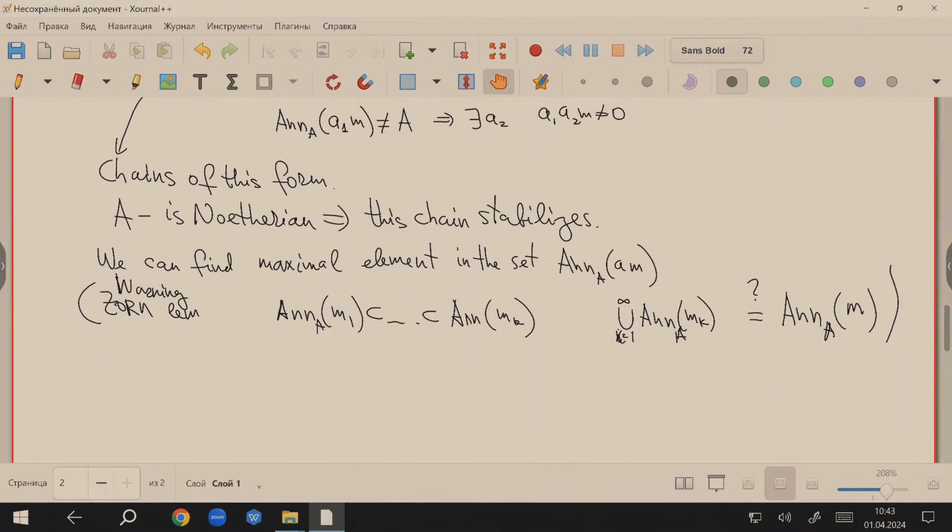So, in general, it is not clear how to find M, because you do not have a limit procedure in your module.